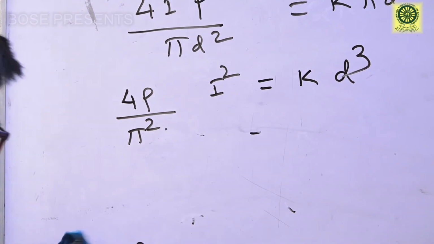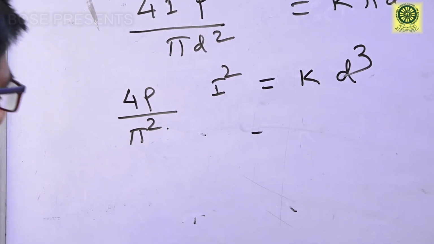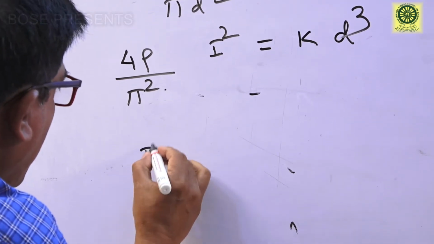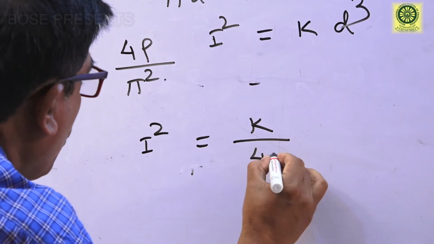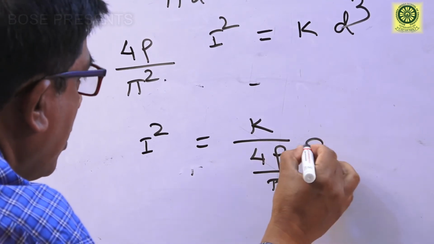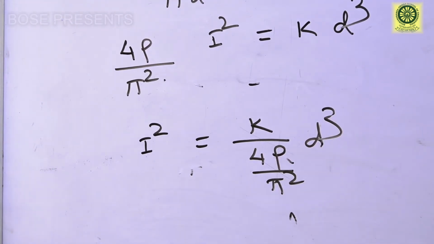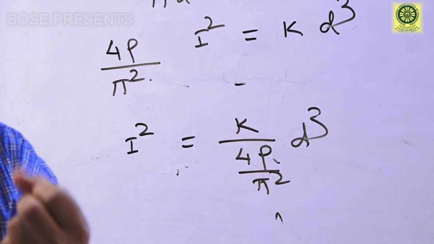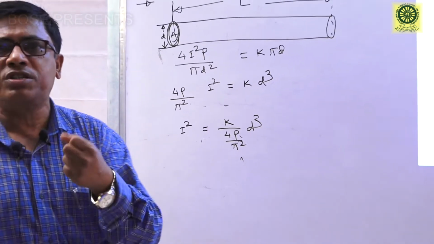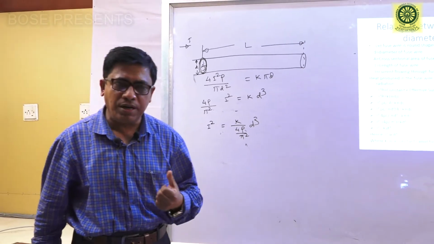Or I can write I square is equal to K divided by 4 rho by pi square into D cubed. So this is a constant. 4 is a constant. Rho, what is rho? Now the resistivity of the fuse element. This is another constant. You may have studied resistivity.